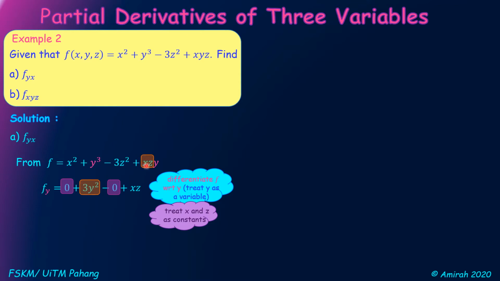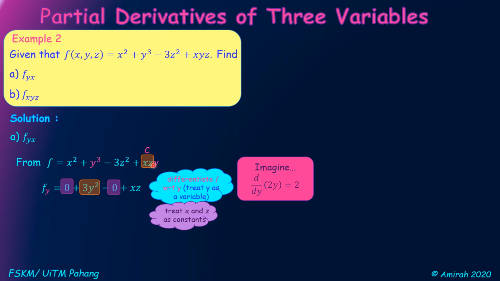And then to differentiate xzy, xz we treat as a constant. So we just imagine we want to differentiate a constant, let's say 2y, with respect to y. The answer equals 2.